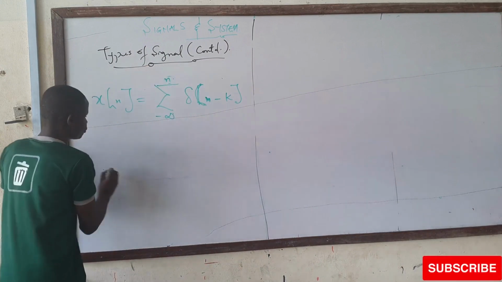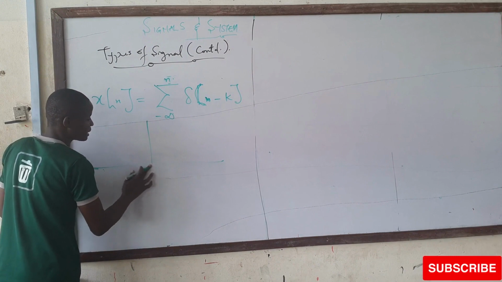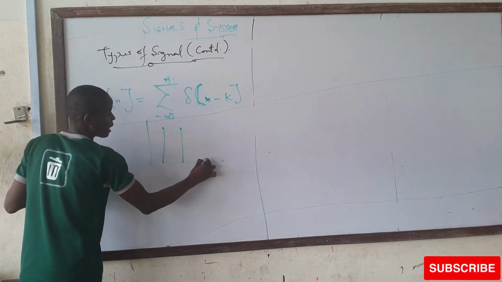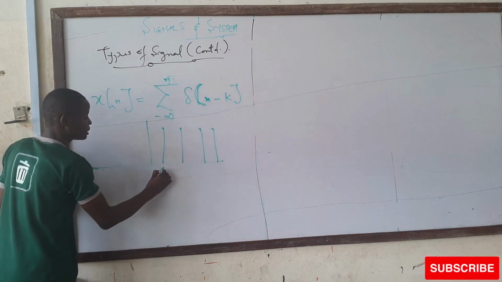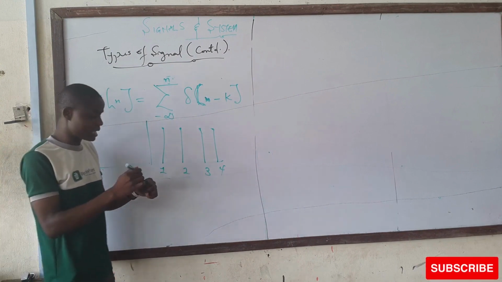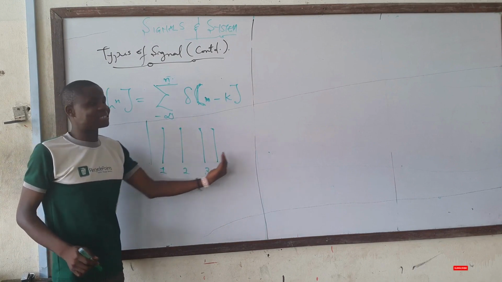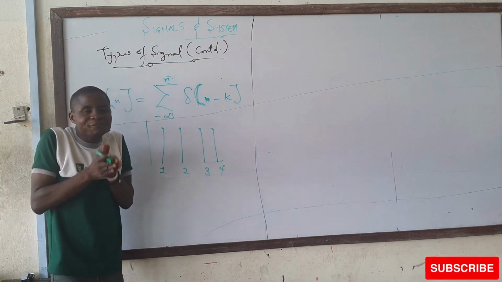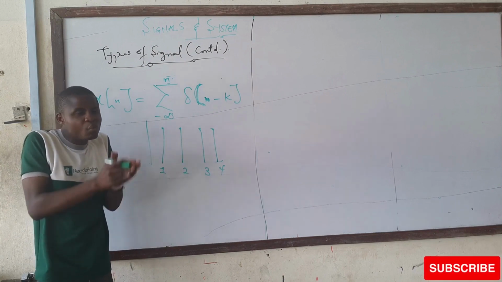A graph to show that: if I have a discrete signal, look at this. I have this, I have this, I have this, and I call these maybe 1, 2, 3, 4. This is a discrete signal because it takes values in steps. They occupy a defined spectrum at equal intervals.